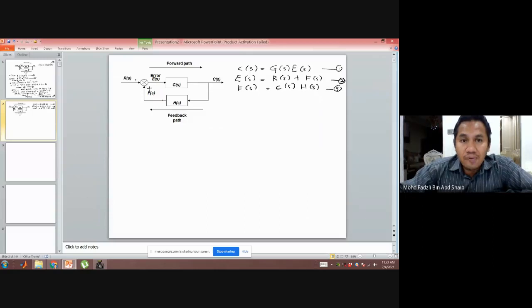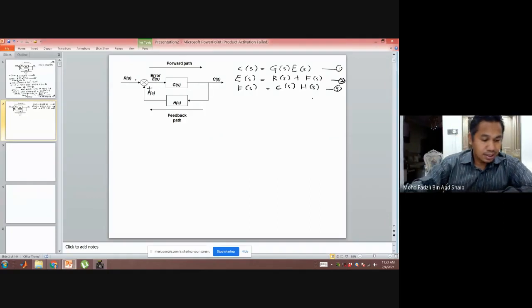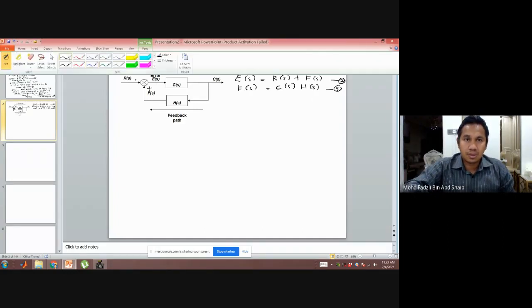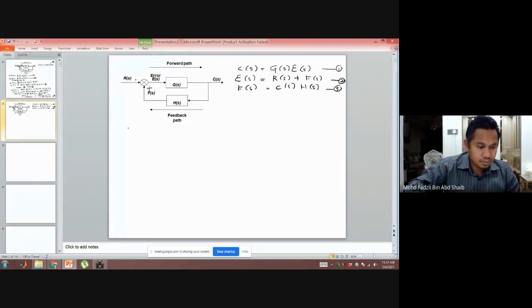Okay, FS equals CS times HS. Then we can settle this solution. We just substitute equation 2 into equation 1, because ES is in equation 1.